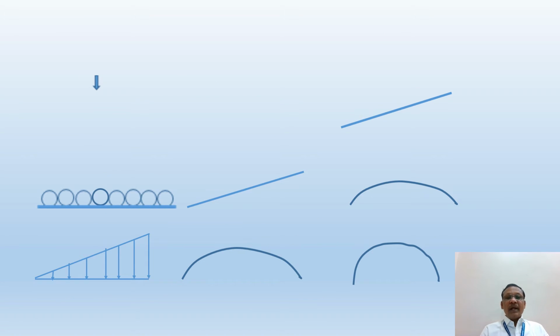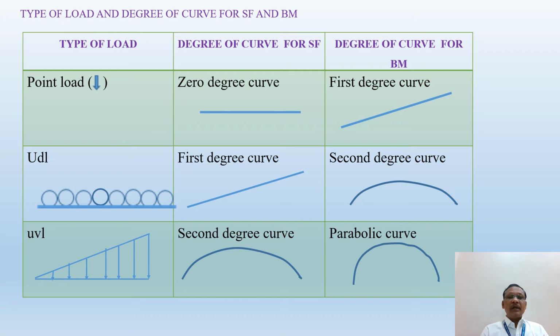Then, while you are calculating the shear force and bending moment diagram, some basic concepts are required. If you try to draw the shear force and bending moment diagram, it is directly related to the degree of curve. Suppose it is a beam subjected to a point load at any distance.